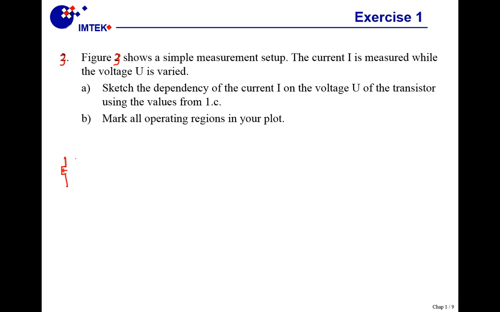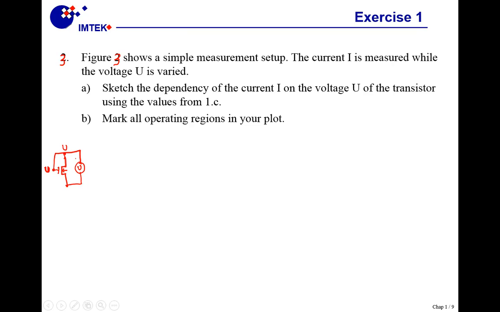This is our source U. These two are connected. What does this mean? That means that at my gate I have the same voltage as U, and at my drain I also have U.